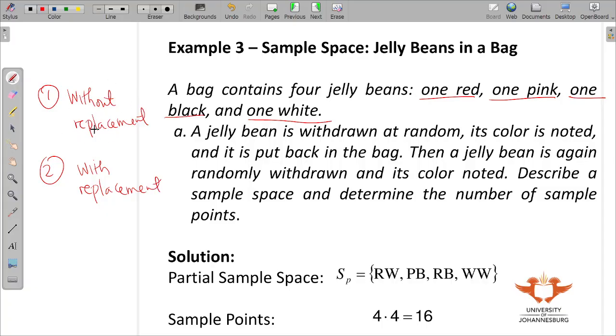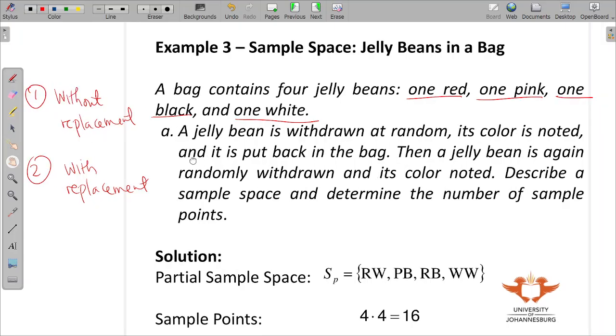When we say without replacement, anything that is taken is out of it. It affects the total, it affects the color that is being taken. But with replacement, you bring it back, so your sample point is still the same.